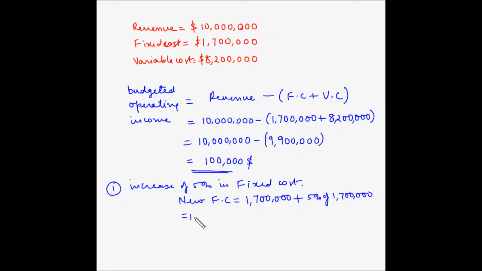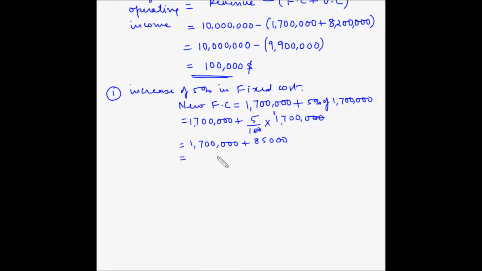So this is equal to 1,700,000 plus, now 5% is 5 divided by 100, and of means multiply and this number, so 1,700,000. So here these two zeros cancel with these two zeros, so this is equal to 1.7 million plus 7 5s are 35, 3 carry over, 5s are 5, 6, 7 and 8, and then these 3 zeros.